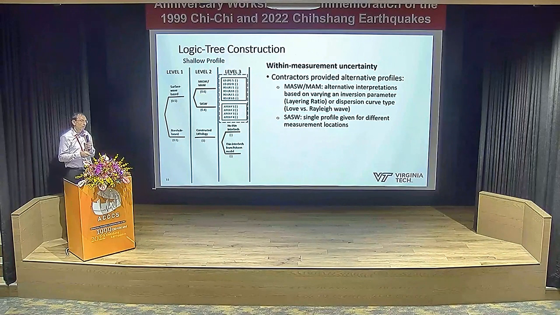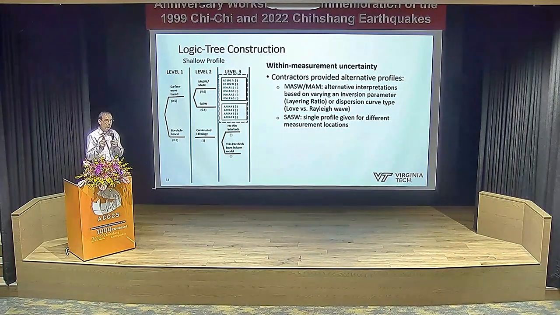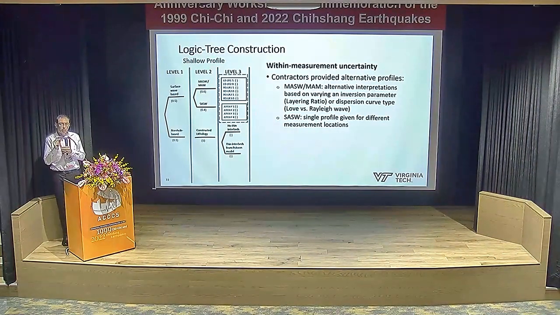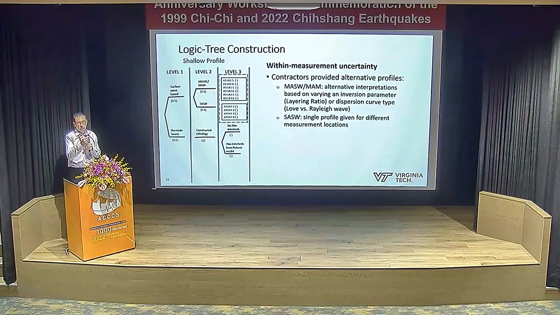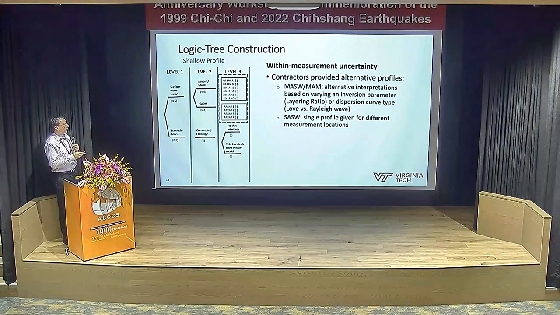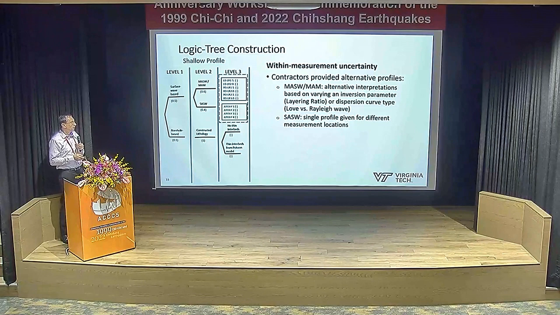Rather than constructing an artificial shear wave velocity profile that puts together all the independent measurements, each measurement is really a representation of a dispersion curve, and you cannot decouple what's near the surface from what's at depth. So in that sense, we had inversions that were done using Love wave and Rayleigh wave velocity for the MASW-based models, and we had 4 different arrays at this particular site that represented the SASW measurements that were done by Professor Stokoe.